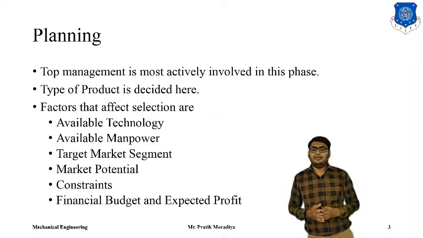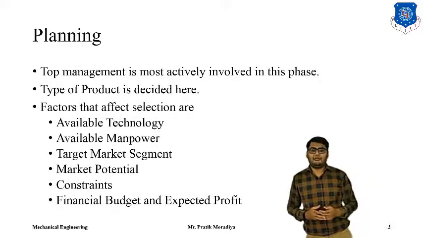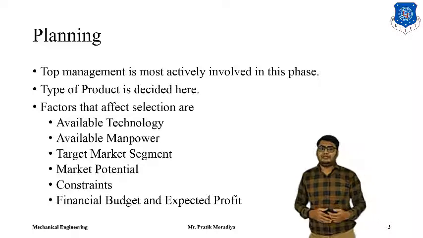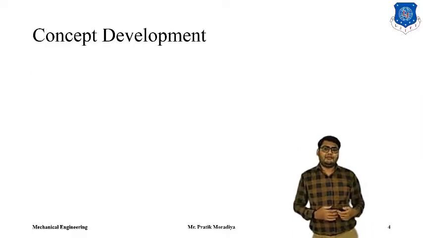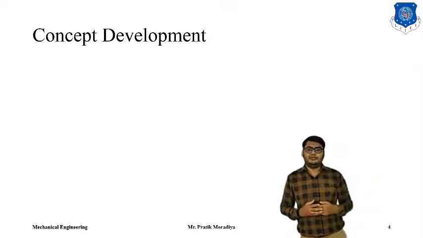How much budget do you have to make the product, and what are the expected profits or expected benefit from the product. This will be decided in the planning stage itself. After planning, you will be expected to develop a concept.